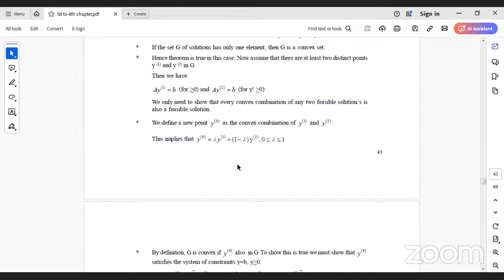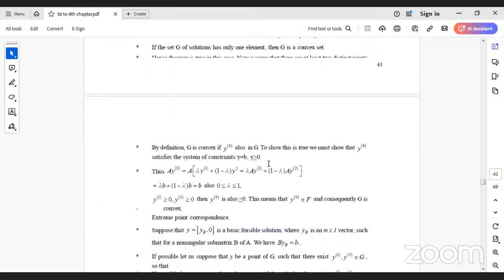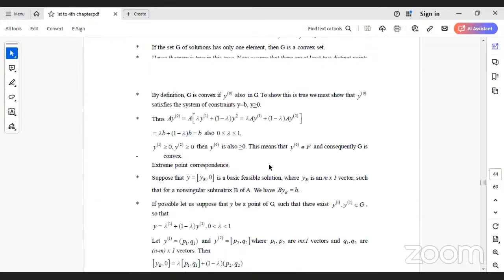ఇక్కడే. సో A y power 1 is b for y power 1 greater than 0, A y power 2 is b for y power 2 greater than 0. So we define a new point y power 0, the convex combination of y power 1 and y power 2. This implies y power 0 is lambda y power 1 plus 1 minus lambda y power 2, 0 less than lambda less than 1, we are taking here. By definition, G is convex here.